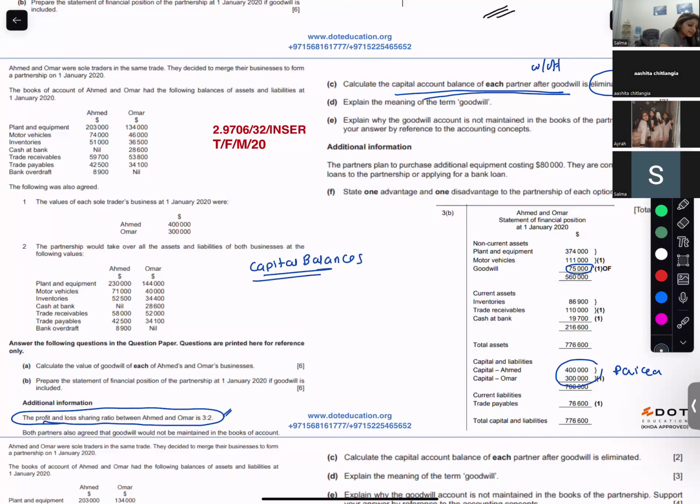What are the capital balances which include goodwill? 400,000 and 300,000. Ashita, you with me? Yeah. Next is goodwill written off. What is the total value of goodwill? 75,000.